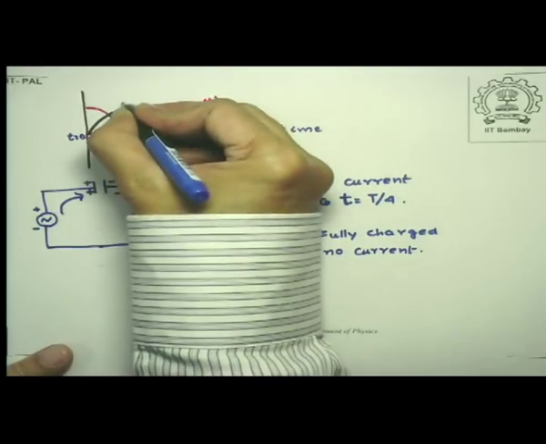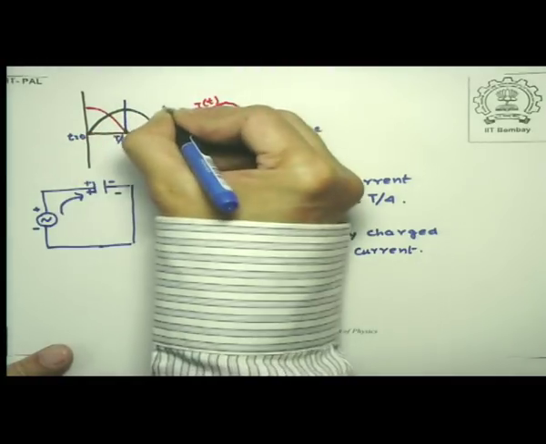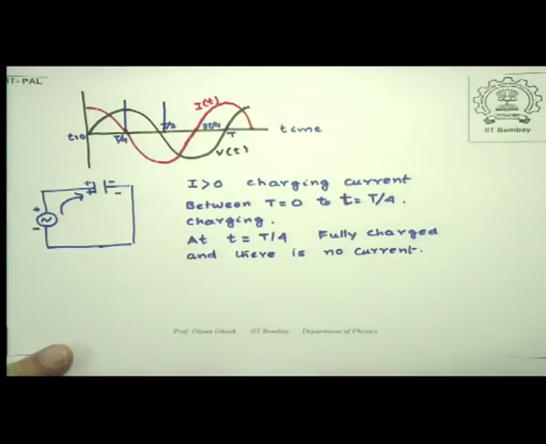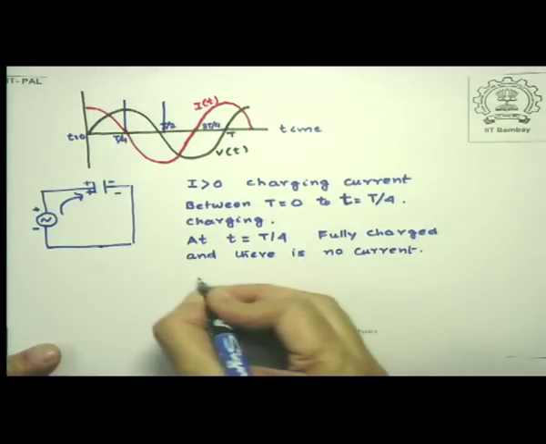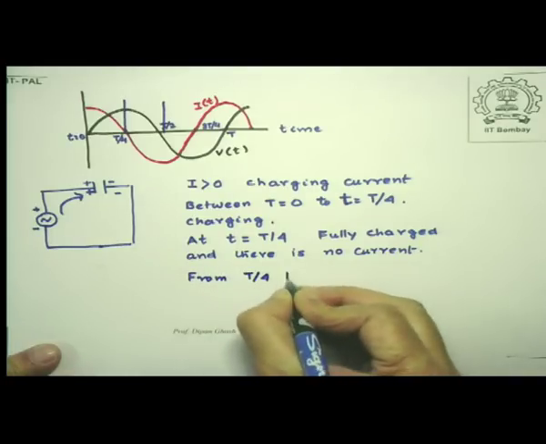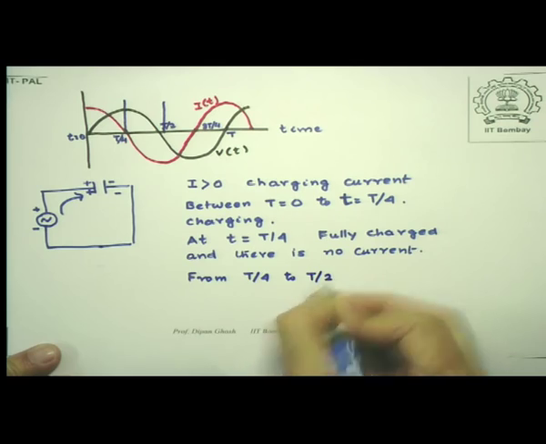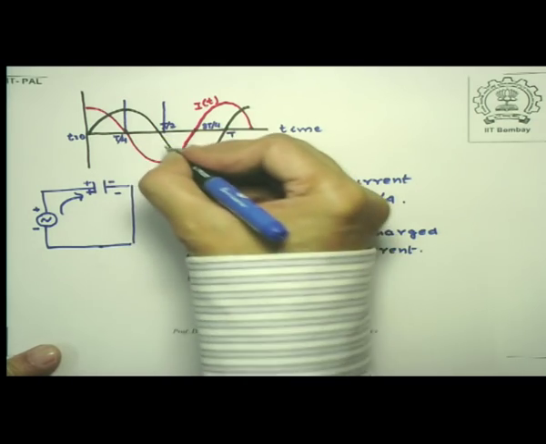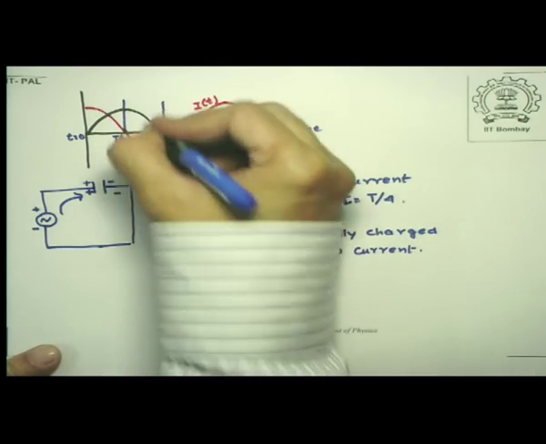Now what happens next? So I am now going from T by 4 to T by 2. Notice from T by 4 to T by 2, the voltage is decreasing, though it is positive.